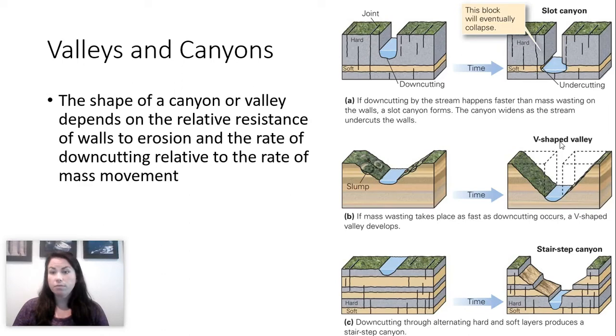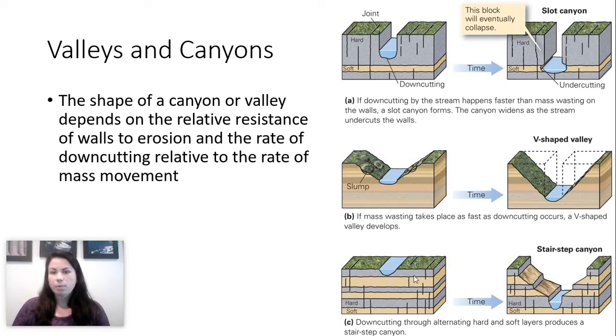Here we have a V-shaped valley. This is where water erodes into a valley shape, and over time it creates this V. It starts off like this, and as water flows, it continues to cut down into the subsurface layers, and this is where we get a V-shaped valley.